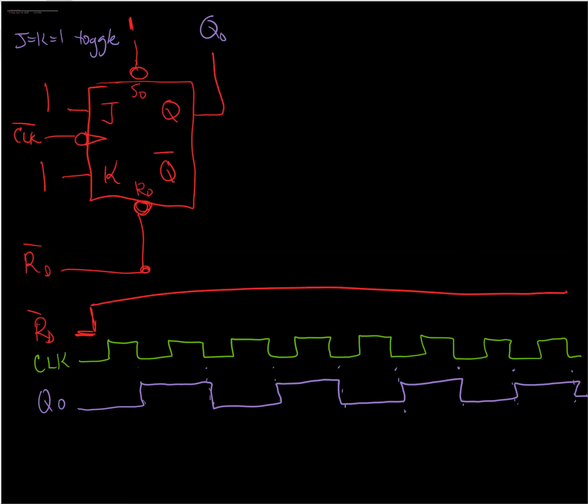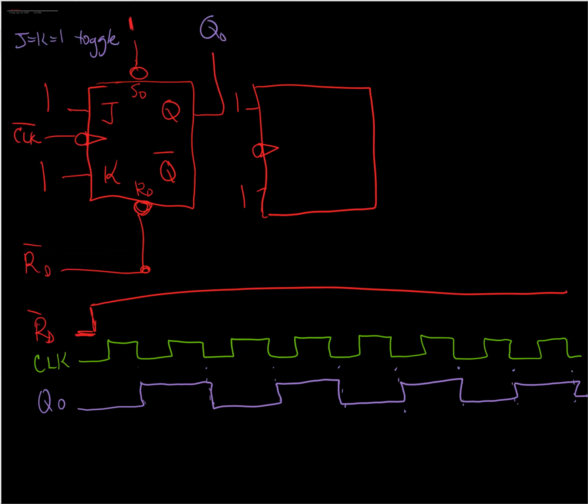For our next bit, I'm actually going to do many things the same. So I also want this flip-flop to be toggling. So I am going to tie J and K high, and I realized I just wrote J and K backwards. So let me fix that.